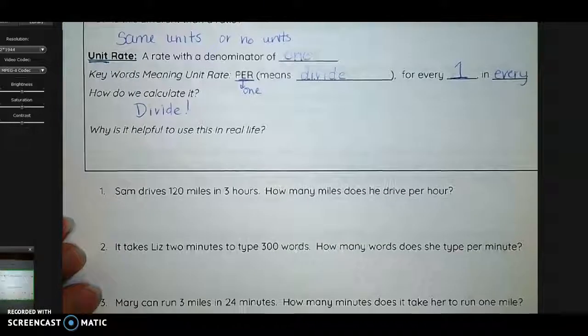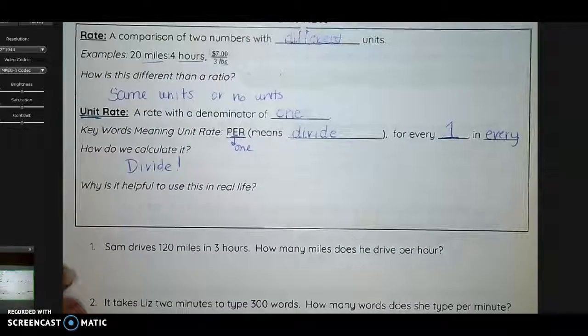And if you're thinking, why is this useful in real life? Well, I can't tell you the last time I said I went 20 miles in 4 hours. Or somebody said, how fast is your car going? And I said, well, I went 20 miles in 4 hours. Or if I was looking at the price of something and it told me how much it was for 3 pounds. So we're usually looking at what do we want for 1.